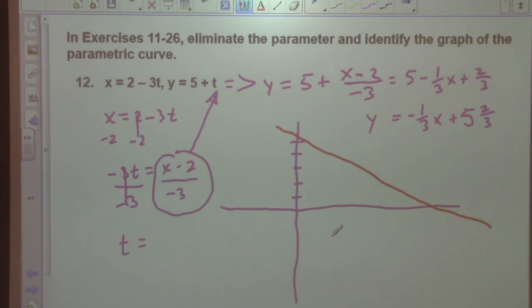And then I guess the last thing we need to look at is direction of time, right? Because if we plug in t equals, here we have t equals all this. If we plug in 0, we get 2/3.